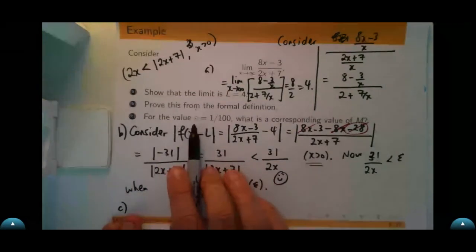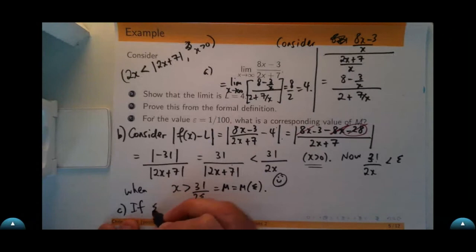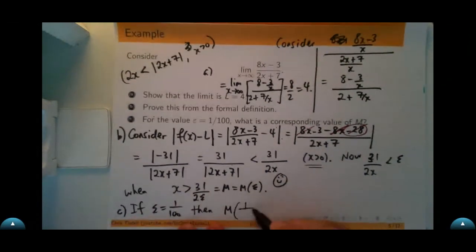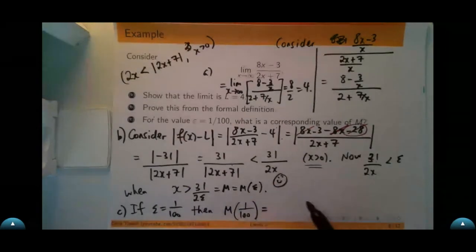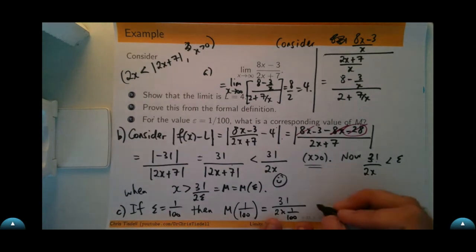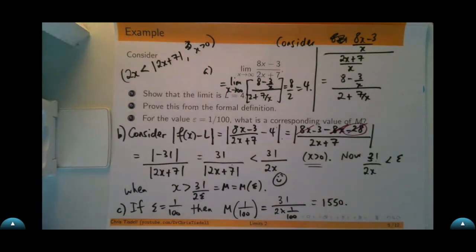Okay, so if epsilon is 1 on 100, what is the corresponding value of m? So all we would do is go here and put in epsilon equals 1 on 100. Okay, so here you're going to get 31 divided by 1/50th, which is 1550.